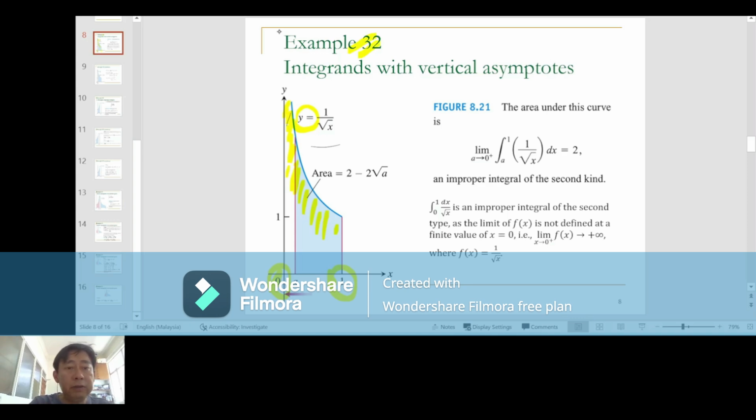Despite the function tending towards infinity, the area under the curve turns out to be finite. So, a function that is diverging at one of the limits does not necessarily mean the area under the curve must be infinite. It is possible to obtain a finite area even though the function is not well defined at one of the limits.